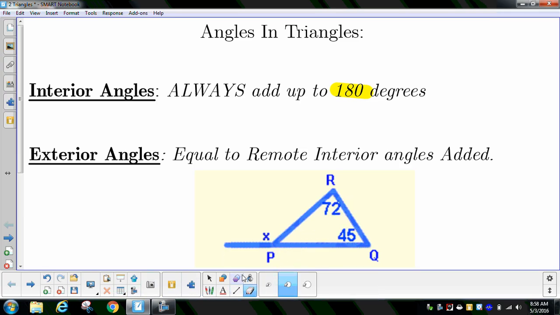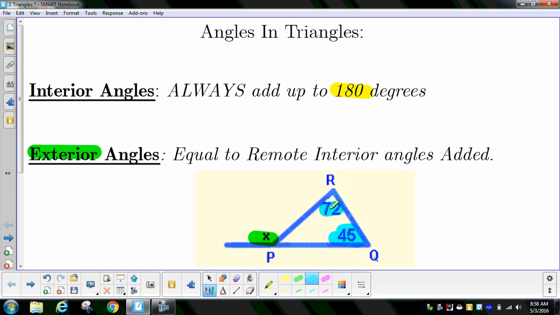Another relationship that exists is between an exterior angle. So this angle is on the outside, or the exterior, of the triangle. And this angle x is equal to these two, what we call remote interior angles, added together.